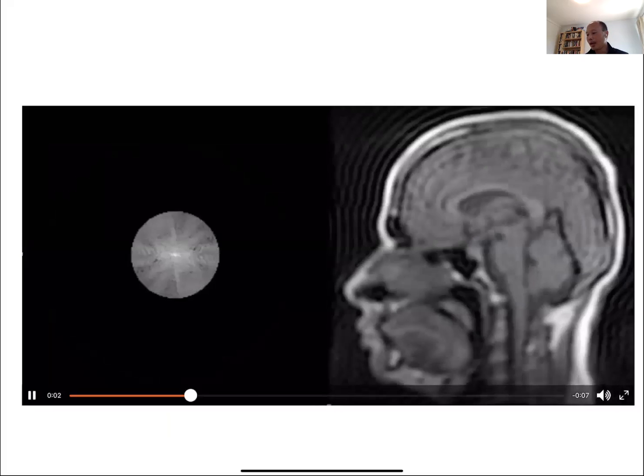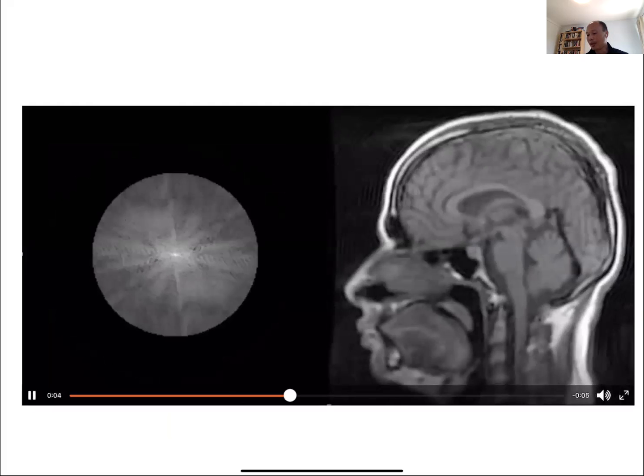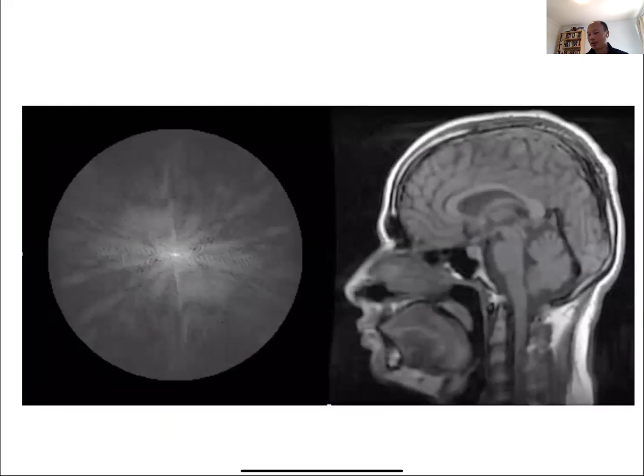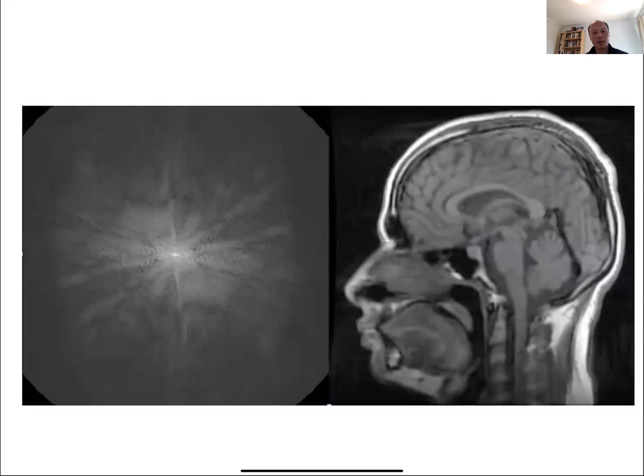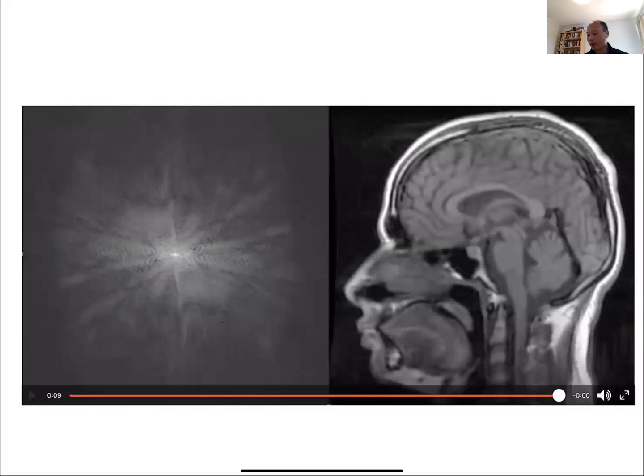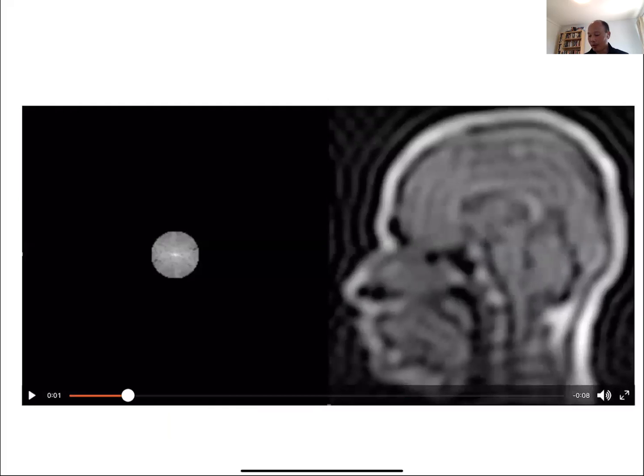This is a movie showing how the image is affected as we get more and more of K-space. You can see that the center of K-space covers the low frequencies, the overall shape of the image. But it's very blurry. It captures the overall shape: is this a ball? Is this a person?